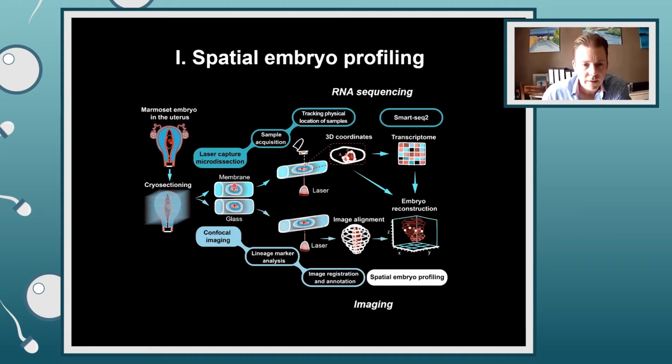We then subject alternate sections to two different things: RNA sequencing, and an imaging pipeline. We keep track of the location of every transcriptome and then bring that together in 3D models. I will show you a bit about that over the next couple of slides.